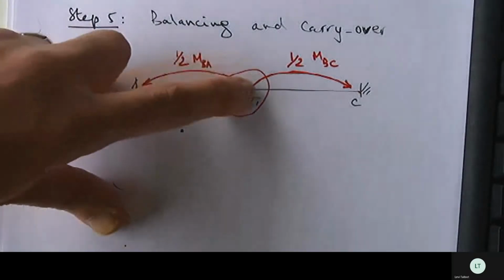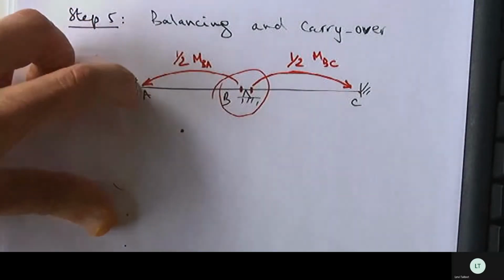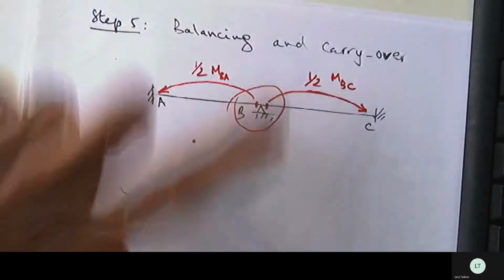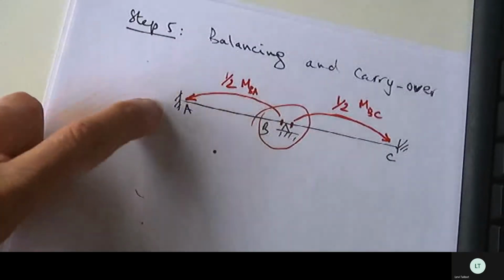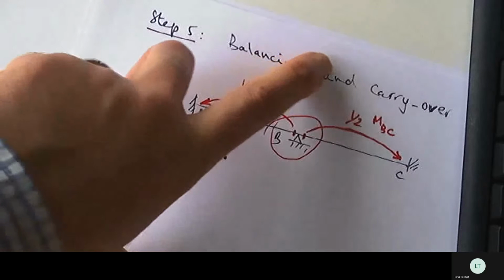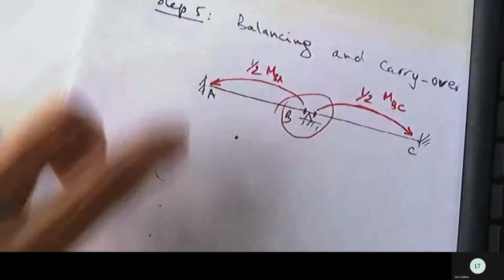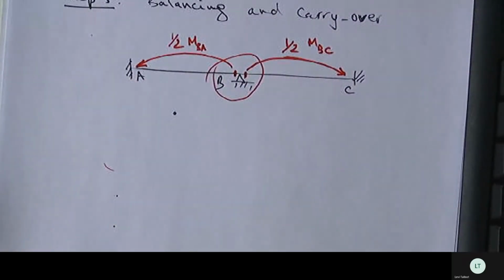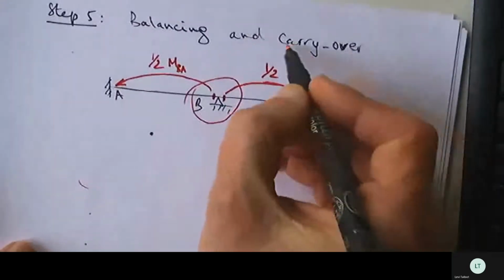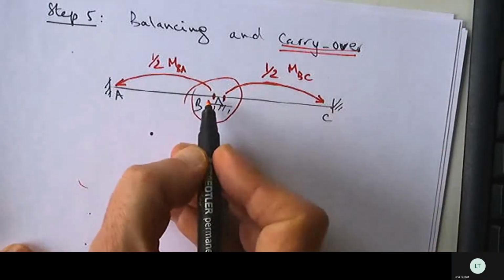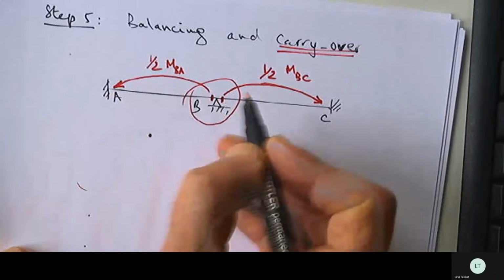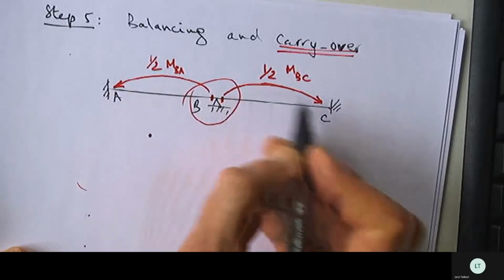That will be the effect of B on A and on D. So always, when you have an intermediate joint, the immediate adjacent joints will attract half of that moment. And this is what we call carryover. So you carry over half. You carry over half from B to A, and you carry over half from B to C.